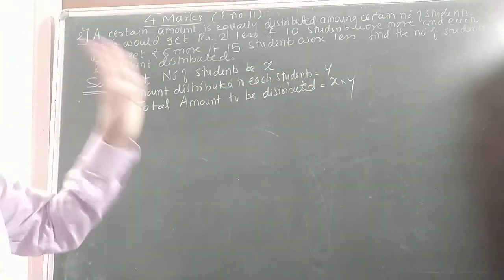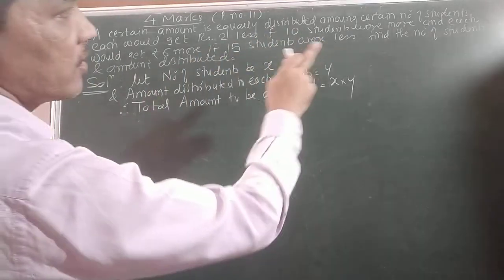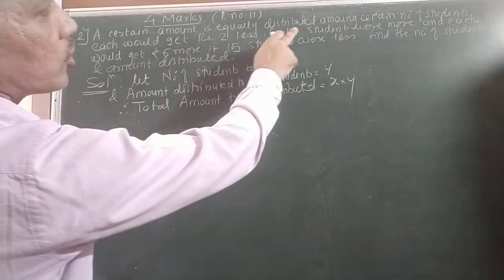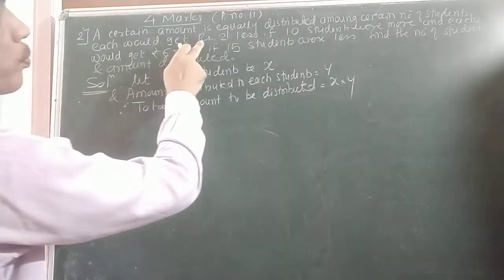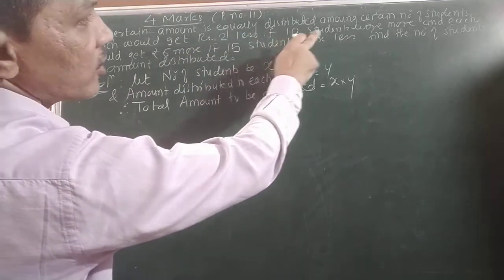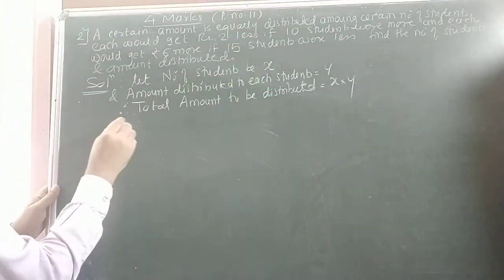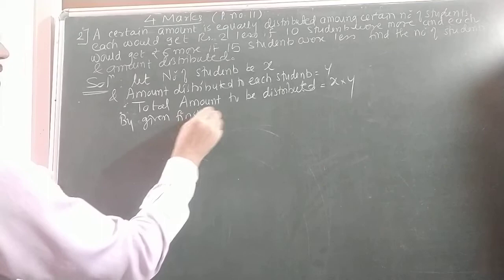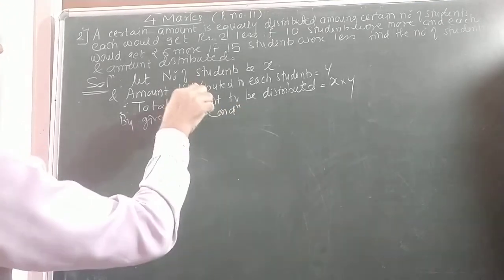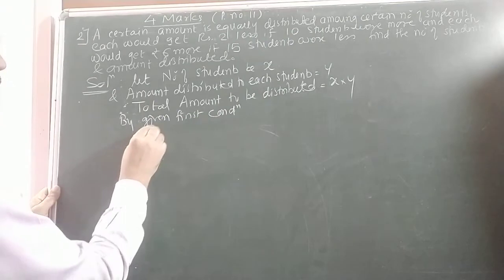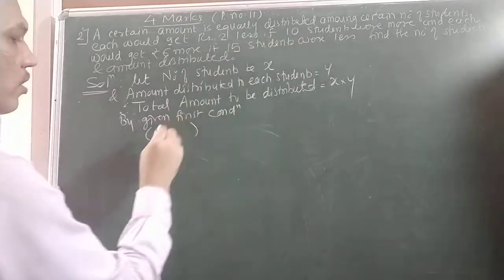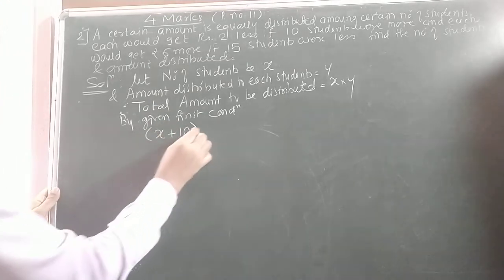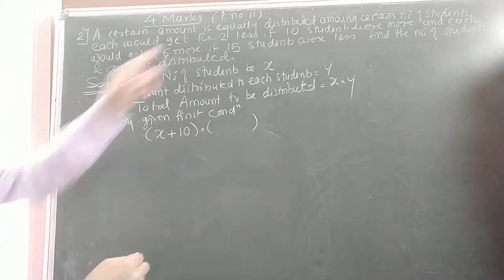So now there are two conditions given. From the first condition I will get the first equation. The first condition says each will get rupees 2 less if 10 students were more. If the students are x, and they increase by 10, then each will get 2 rupees less.